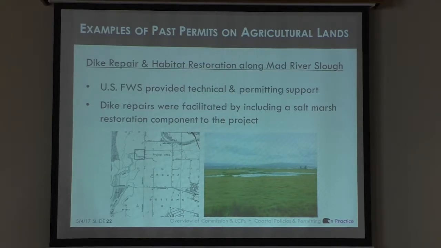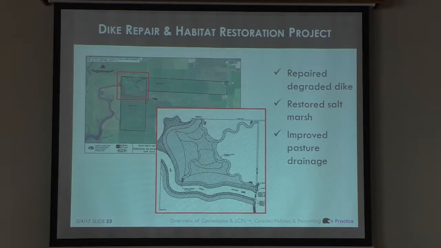And in this case, the dike repairs that the landowner wanted to undertake were facilitated by the fact that they included a little bit of the retreat option that Kelsey was talking about earlier. So this is a diked farmed wetlands on Rat River Slough, and the old earthen levees were deteriorating and falling apart, and they were getting flooding of the pasture land.